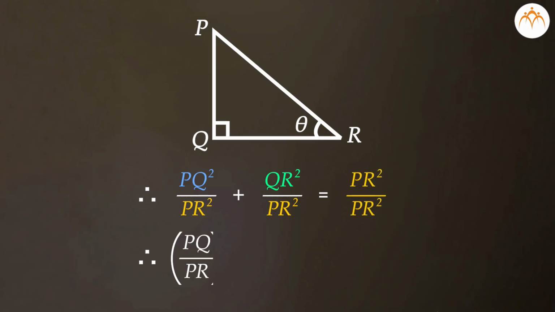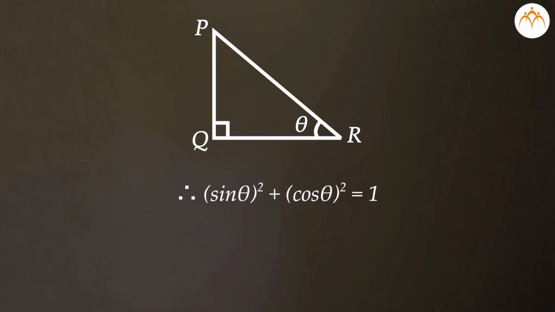Therefore, (PQ upon PR) whole square plus (QR upon PR) whole square is equal to 1. Therefore, (sin theta) whole square plus (cos theta) whole square is equal to 1.